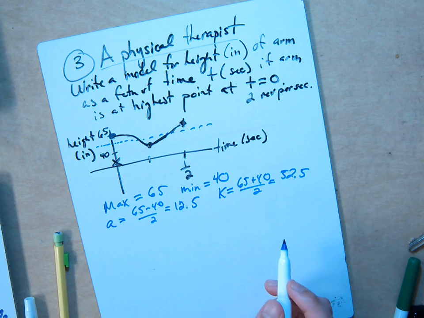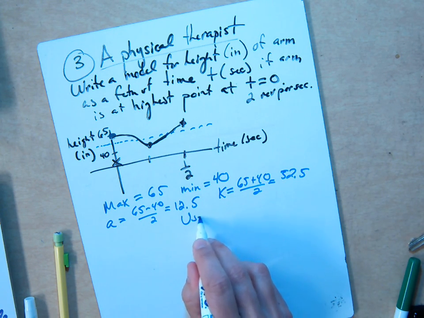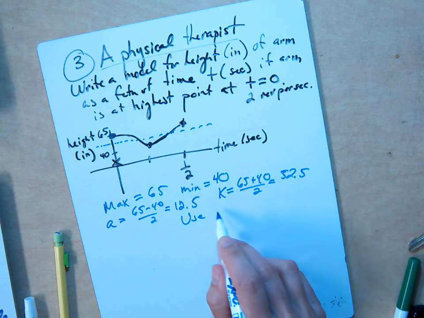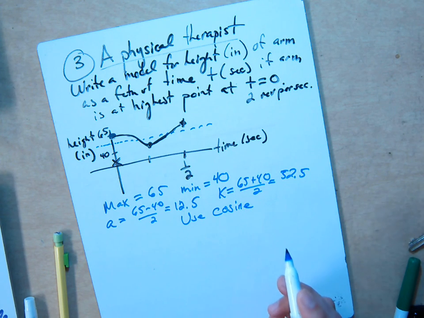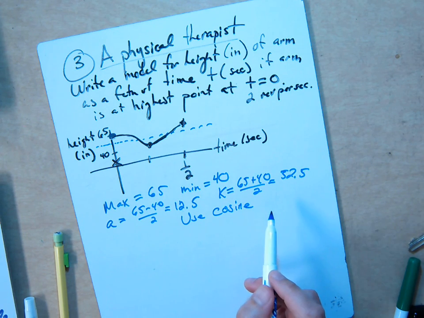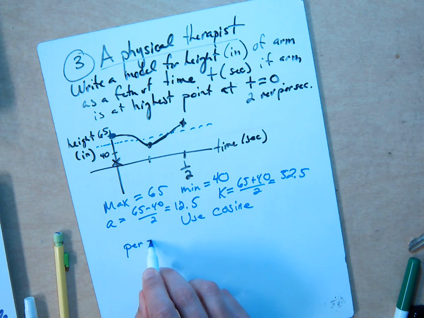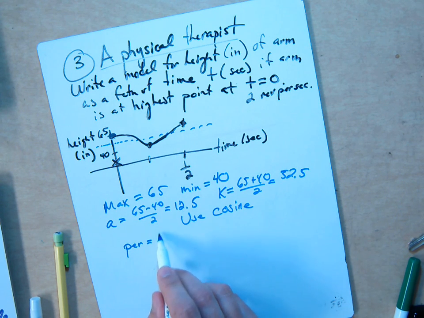And then are we going to use a cosine or a sine curve to model this? Cosine, because it starts at the highest. So the easiest to model would be with cosine, although you could always translate between the two, but you would have to then shift. The period equals how long it takes to go from the highest back up to the highest: 1/2.